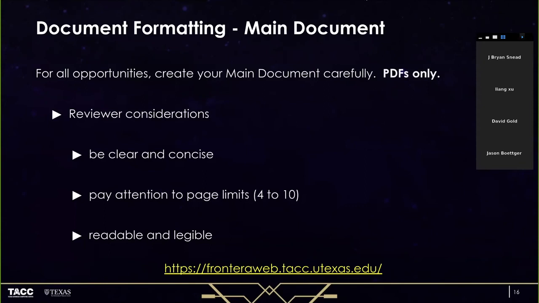And then the LRAC and the pathways have a limit of 10 pages. So pay attention to those page limits and font size. Again, you want it to be clear and legible for the reviewers so that they can read and enjoy your work and hopefully give you a favorable review.